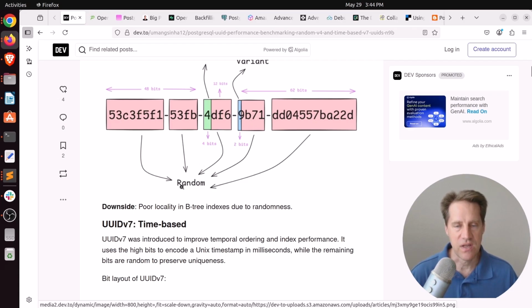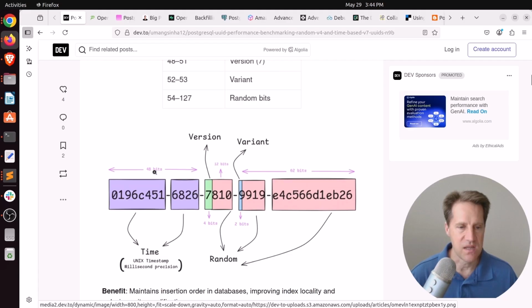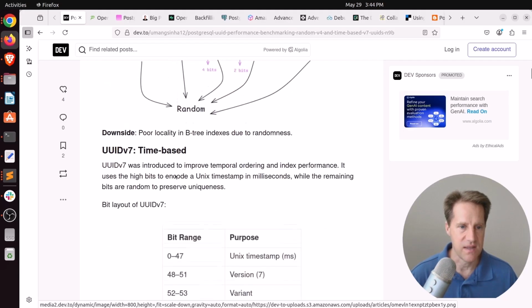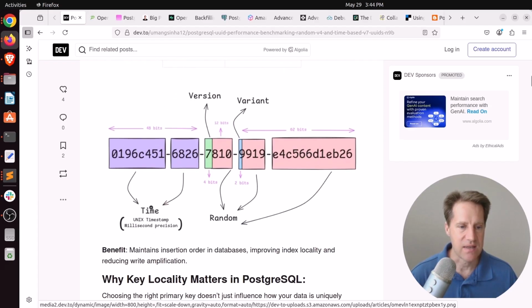So if you're definitely looking for something to be the most random, still use version 4. But what version 7 does is it sacrifices the 48 bits of randomness that's at the beginning of UUID v4 and uses that to make a Unix timestamp at millisecond precision. And then the remainder of the randomness still remains.